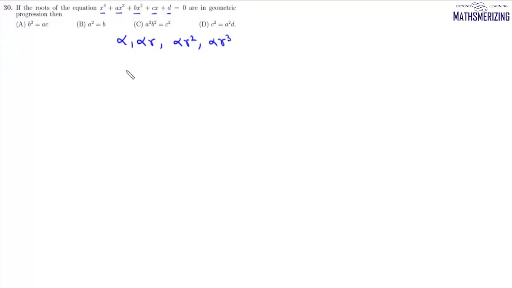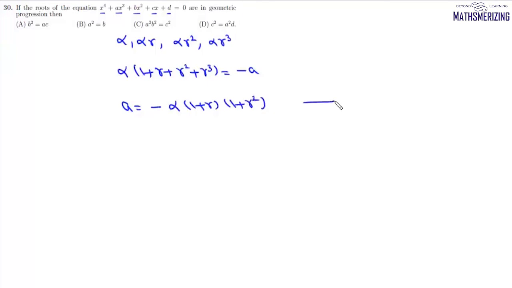Sum of roots will be alpha into 1 plus r plus r square plus r cube, and it'll be equal to minus a. So from here we write a as minus alpha into 1 plus r into 1 plus r square, and that's our first equation.